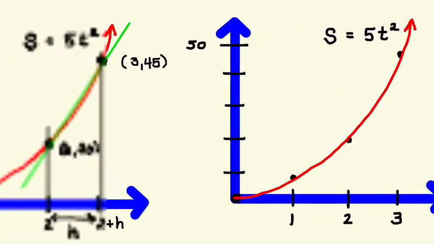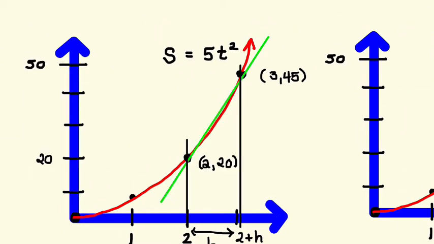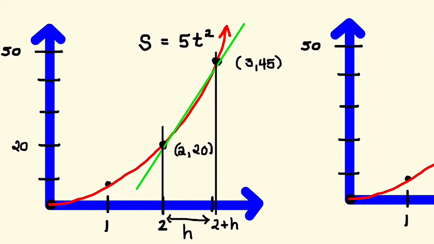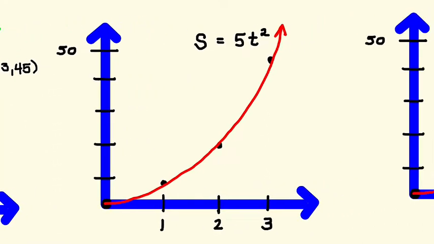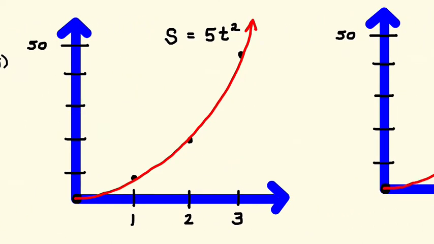Whereas here we're going from 2 to 2 plus h, where 2 plus h equals 3, here we're going from 2 to 2 plus some smaller value h. And of course, h is the distance between 2 and 2 plus h.